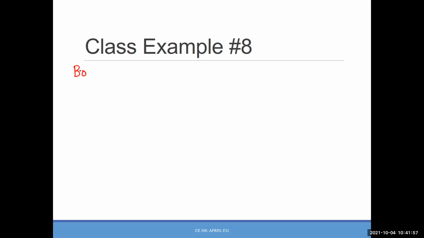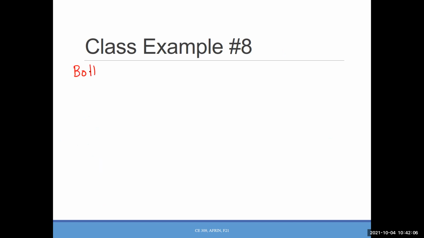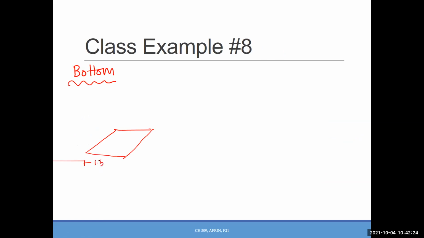Are you done with the previous slide? Done, everyone? Okay, so this is the bottom plate. Can you give me the dimension for the bottom plate? What is the dimension? 1.5 meters by 2 meters.